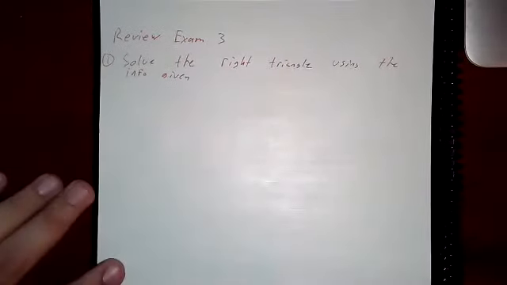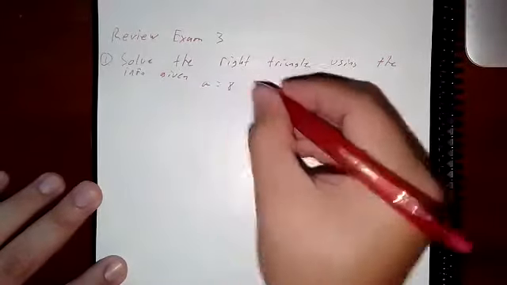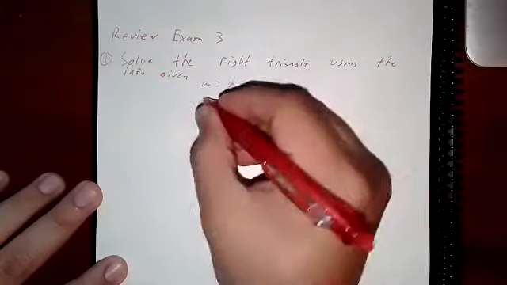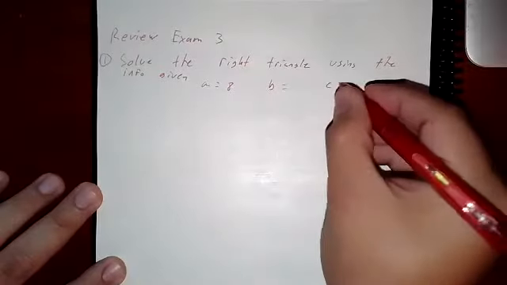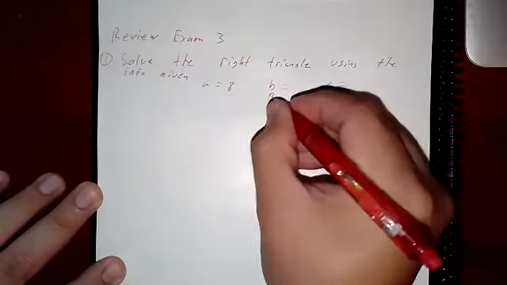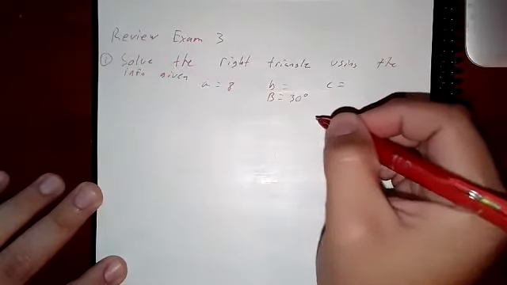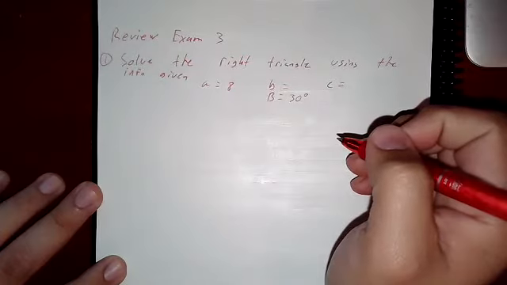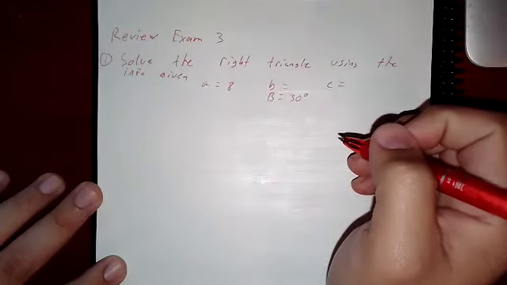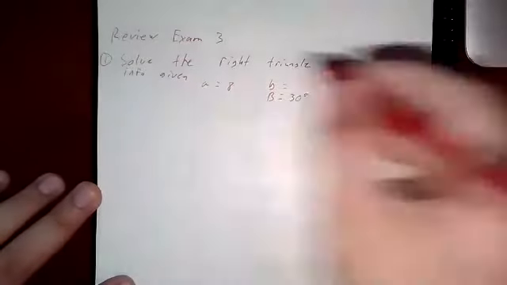All right. So they tell us that A is 8 and that the angle, we do not know B, do not know C. Angle B is given as 30 degrees. And I think that's it. So we're missing quite a few things. And they go ahead and draw it for us.